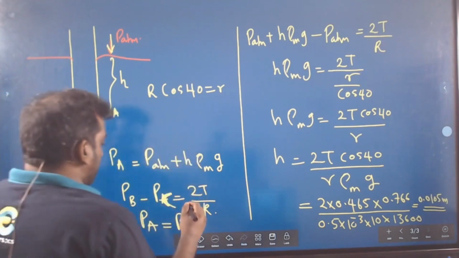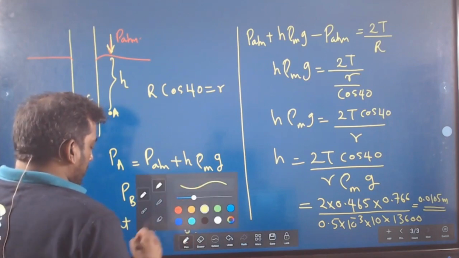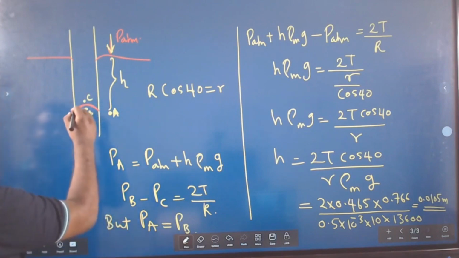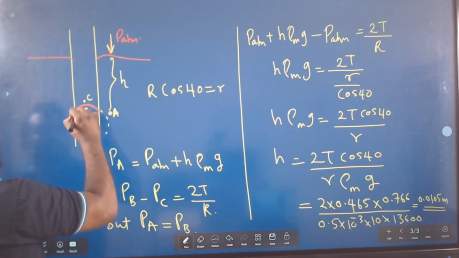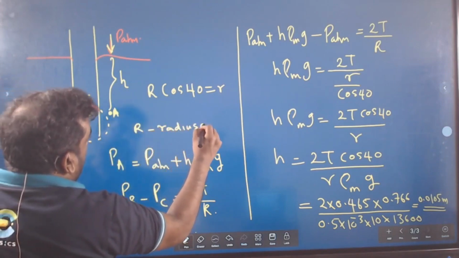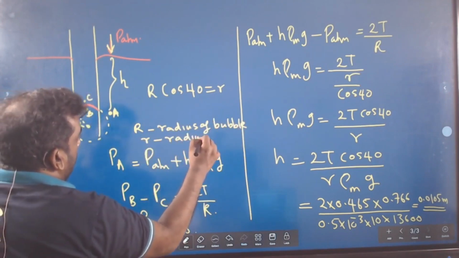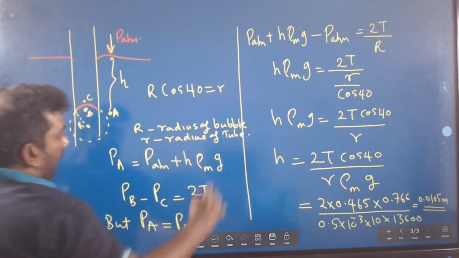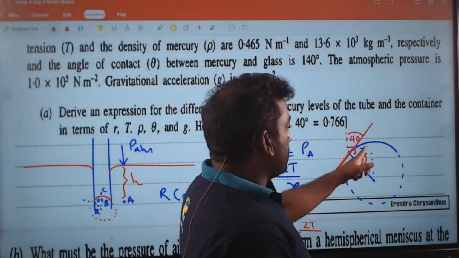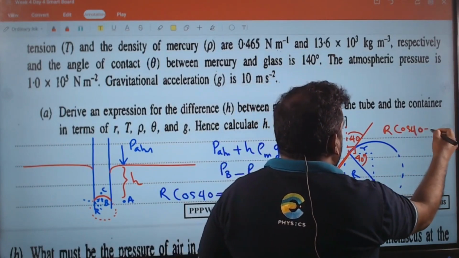Excess pressure is PB minus PC, which is 2T over R. R is the radius of the bubble, and small r is the radius of the tube. How do I get the radius of the bubble from the radius of the tube? R cos 40 equals small r.